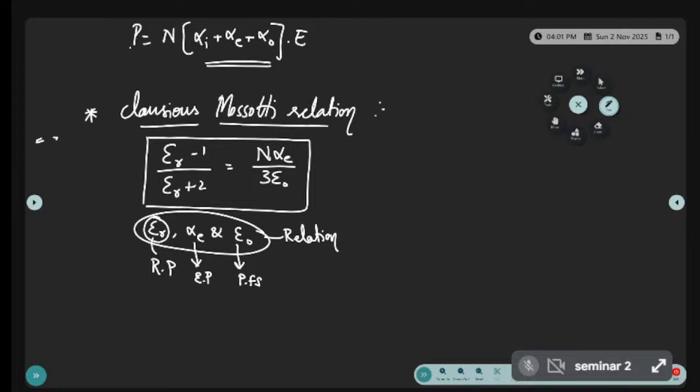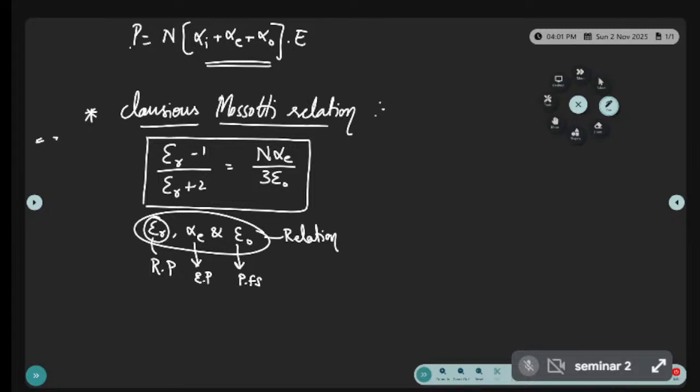In this way the question may be asked. Either directly as Clausius-Mossotti, or as the relation between dielectric constant, electronic polarizability and permittivity of free space. Anyway the question may be asked.